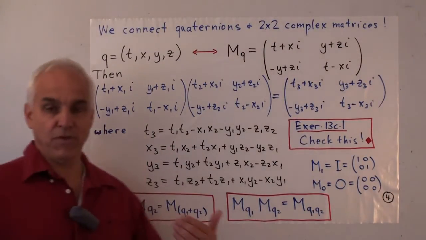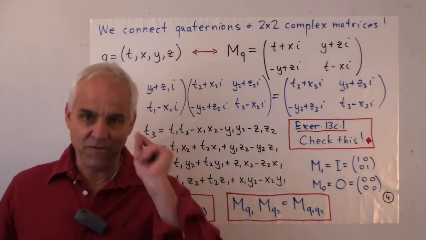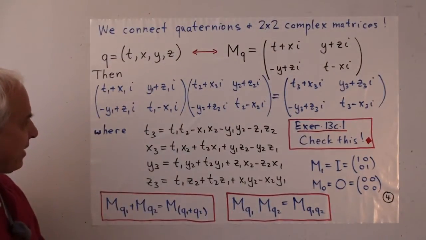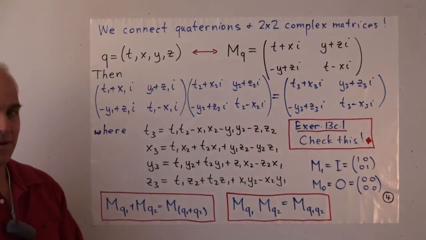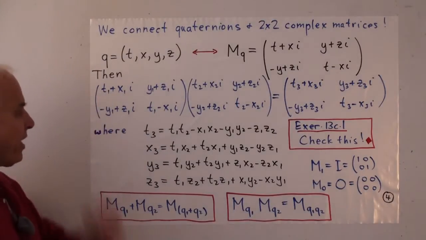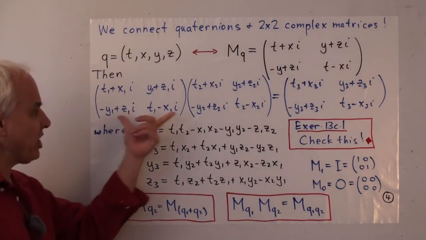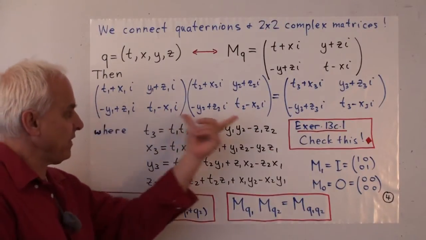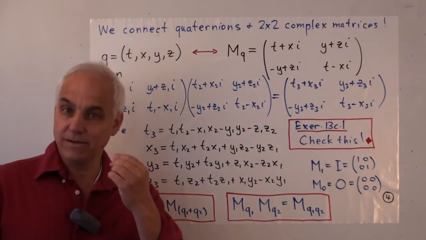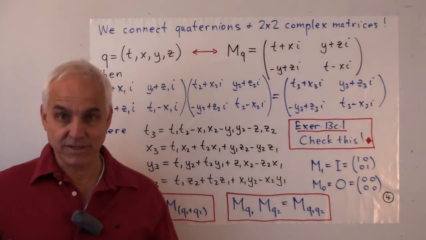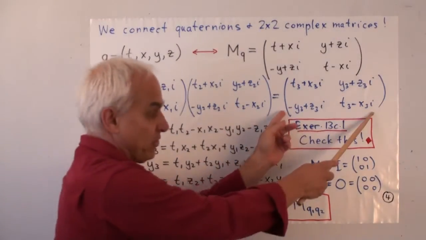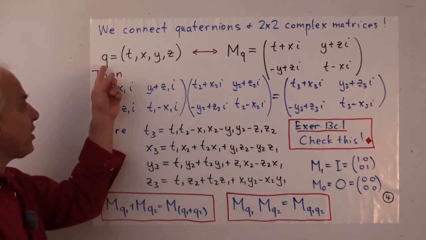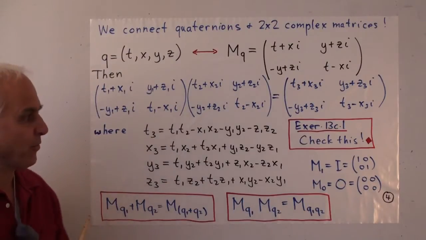All right, so why is this a useful thing to do? It's a useful thing to do for the following somewhat remarkable reason. When we take two quaternions, say q1 and q2, and take the associated matrices, then the product of these two matrices using linear algebra multiplication of matrices is another 2 by 2 matrix, which is exactly the one associated with the product of the two quaternions q1 and q2.